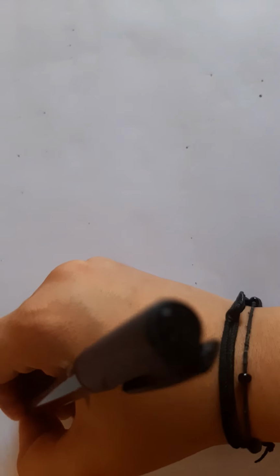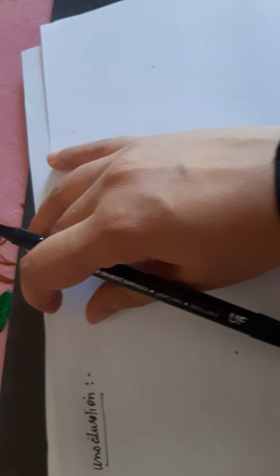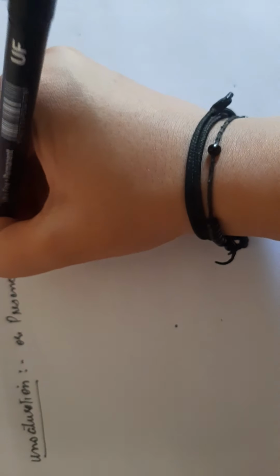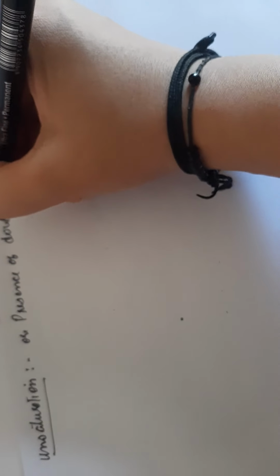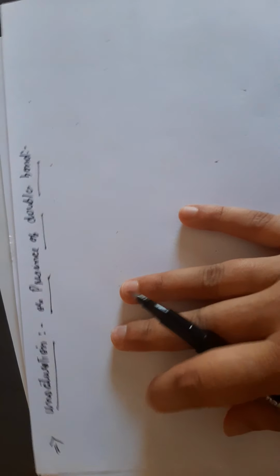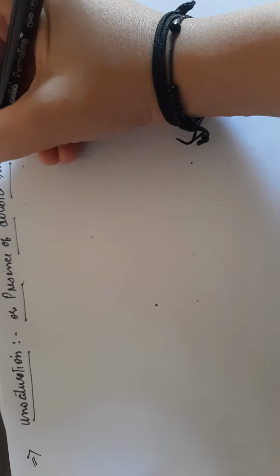For the unsaturation, or we can say the presence of a double bond, for determining the presence of a double bond, we will simply treat the terpenoid with any addition compound.